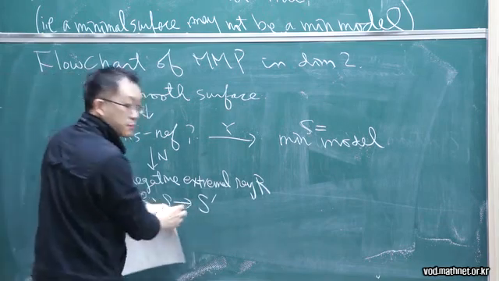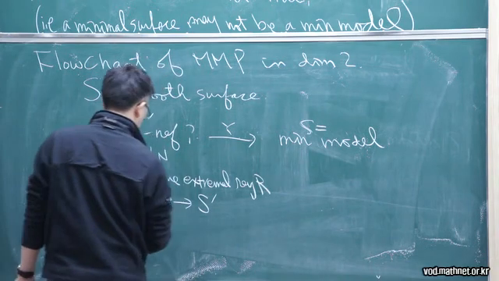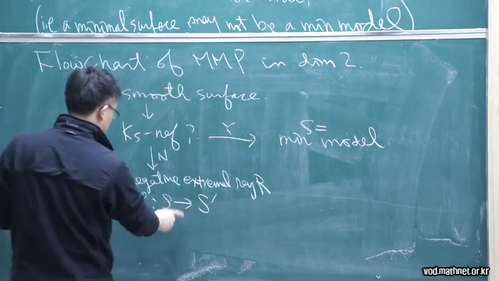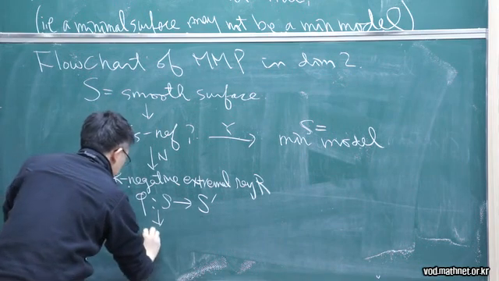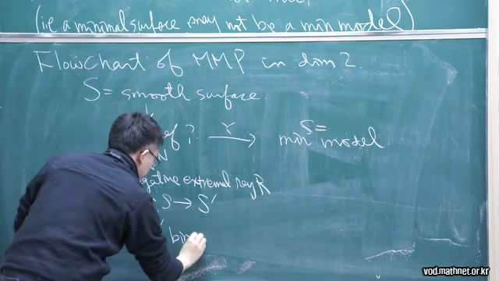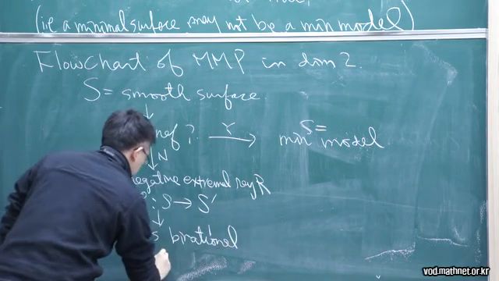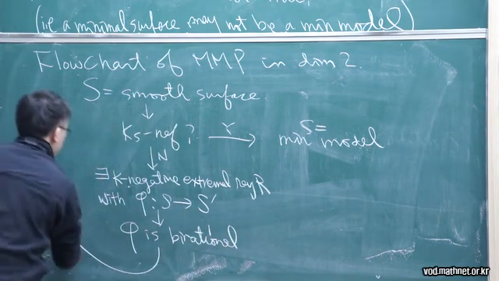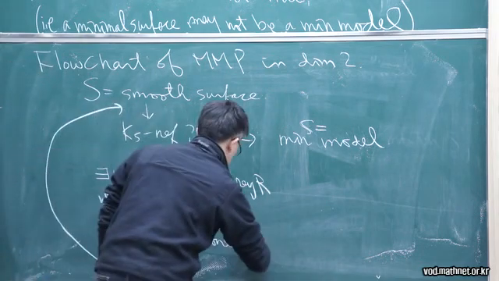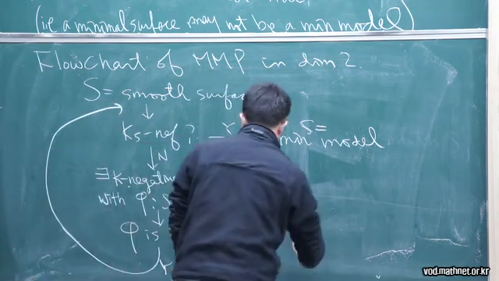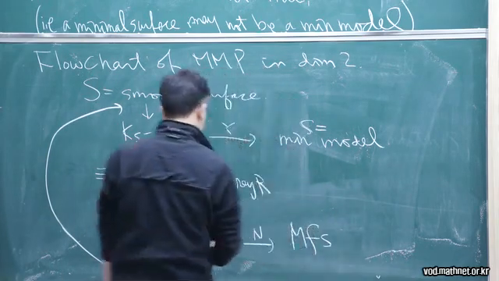Because here S prime may not be a surface. So you contract the negative extremal ray. If the contraction is birational, you go to the beginning. If not, you obtain a Mori fiber space.